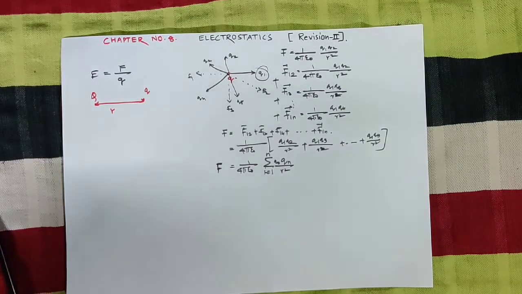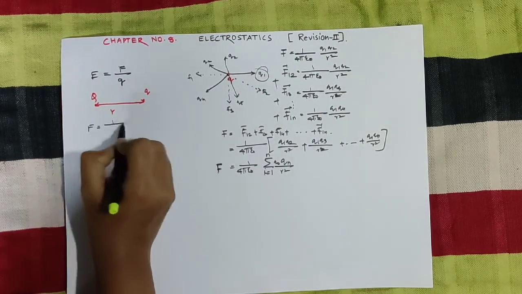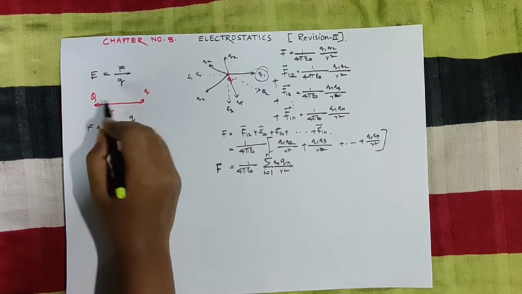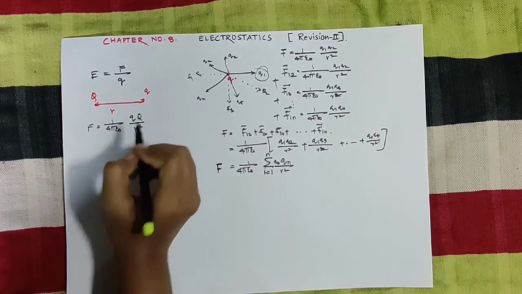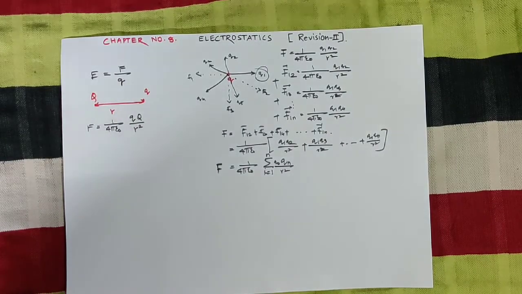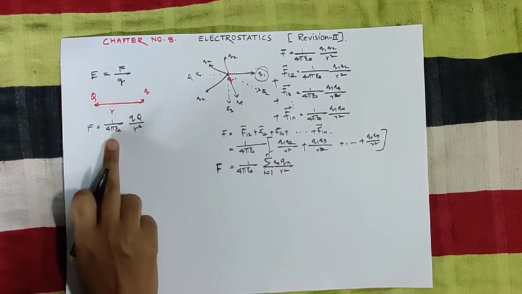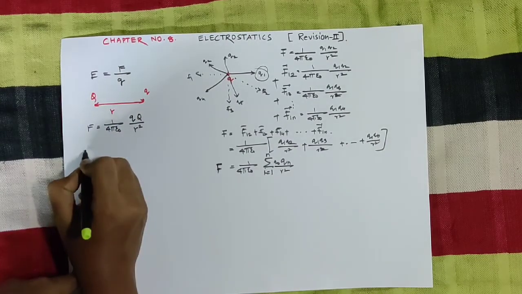So by using Coulomb's law we can write F is equal to 1 upon 4 pi epsilon naught, Q q upon distance square, r square. The force is exerted on both charges, and we use this with the definition of electric field intensity.